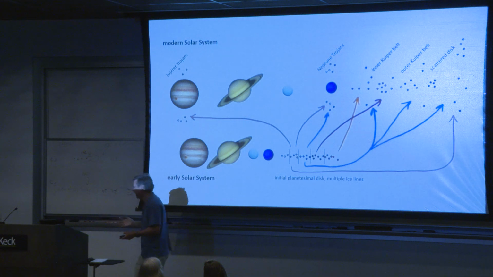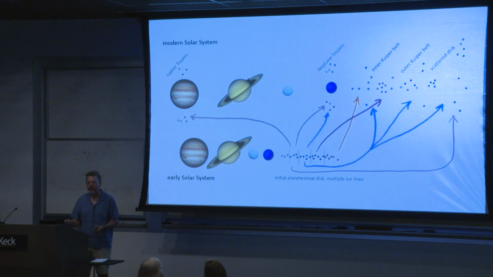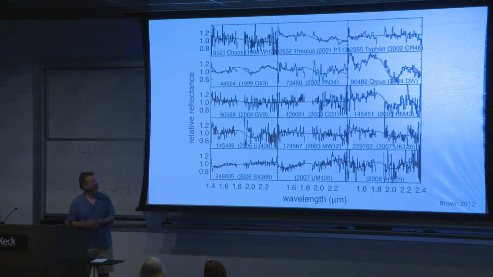I spent a decade of my life and more nights than I care to count staying up all night using this Keck telescope to collect spectra of these objects. And it was really exciting because we would get a whole collection of spectra and they would look like this. And these we considered really good.